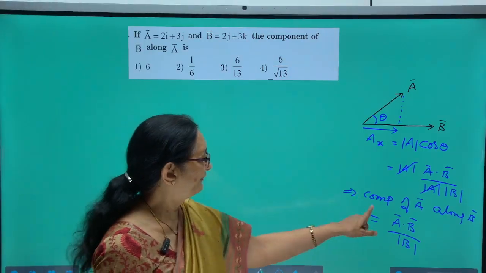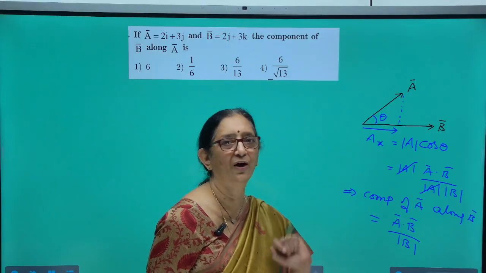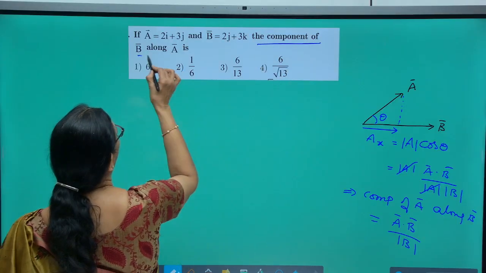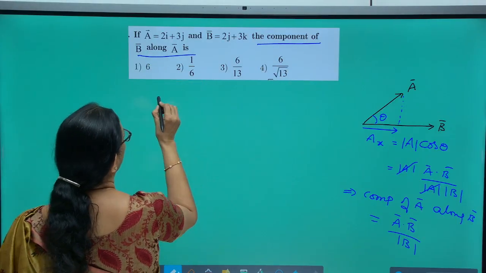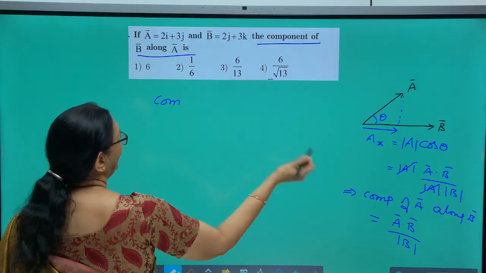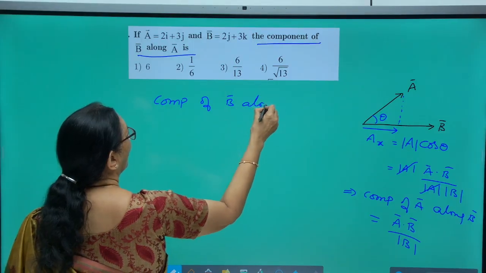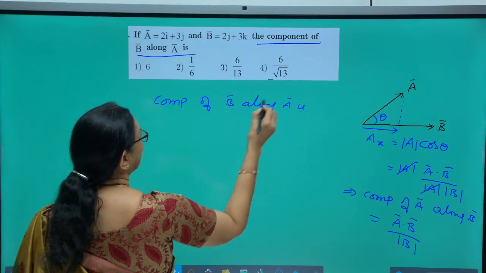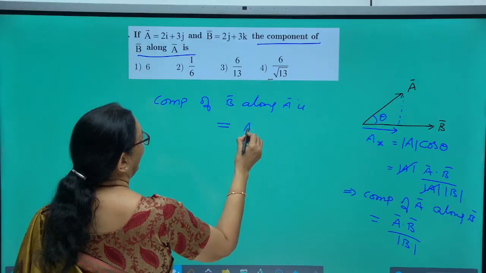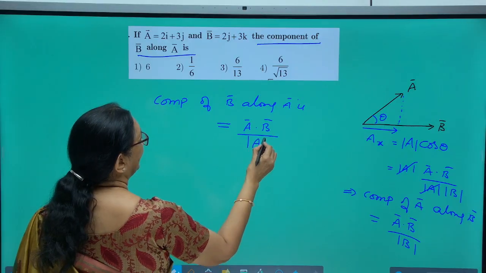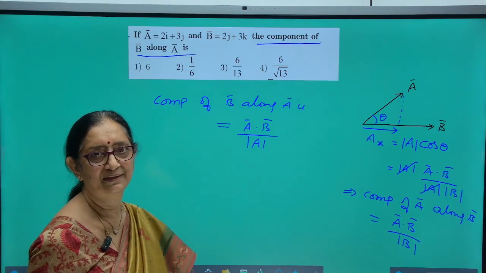Similarly, if the component of B bar along A bar is asked, on the same concept, the component of B bar along A bar is equal to A bar dot B bar by modulus of A. That's it. Okay.